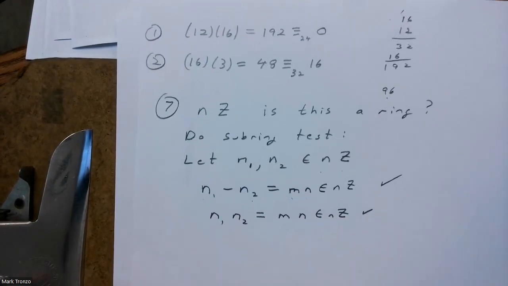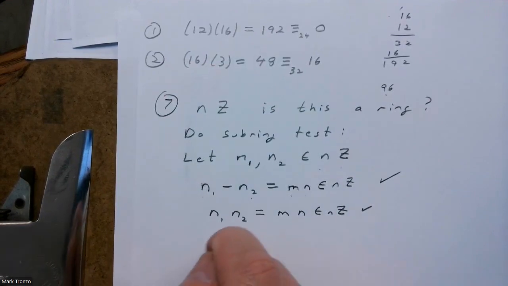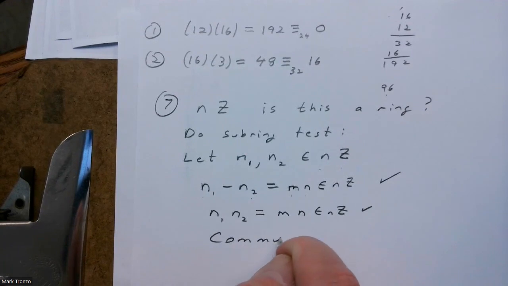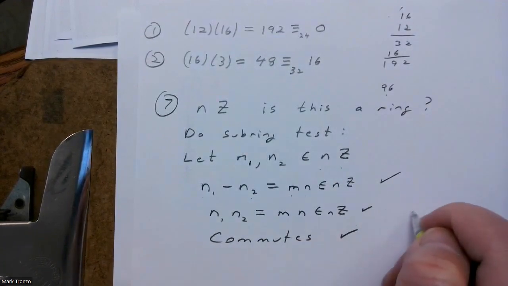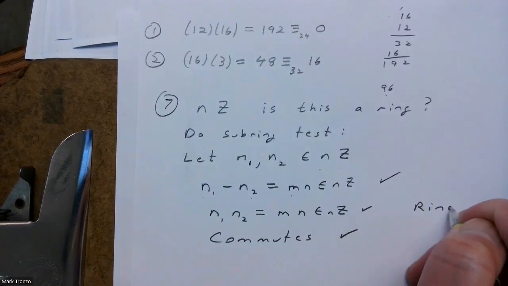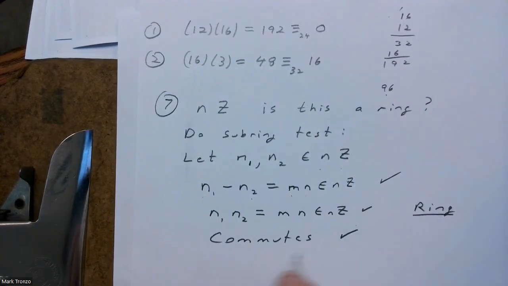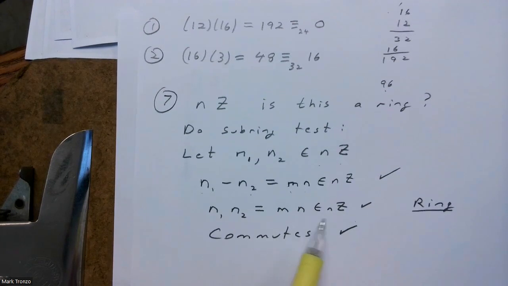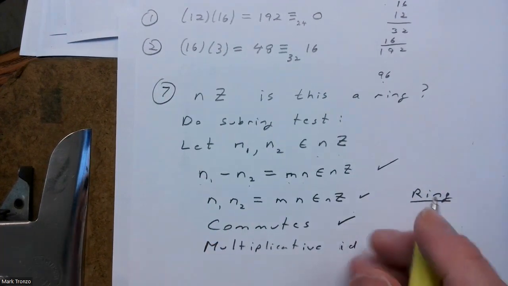And also the members of Z are going to commute. So from these two tests, we have that it's a ring, and we know that the members of the integers always commute. So it commutes. And answer the question, does it have multiplication?